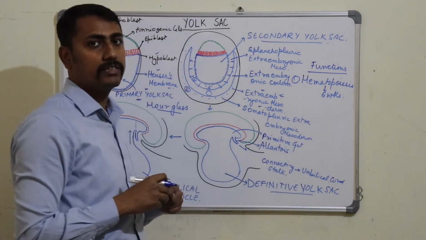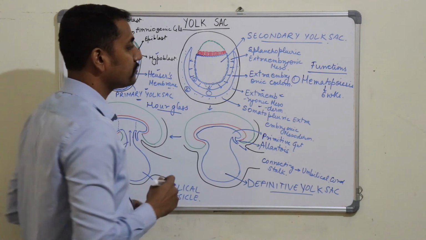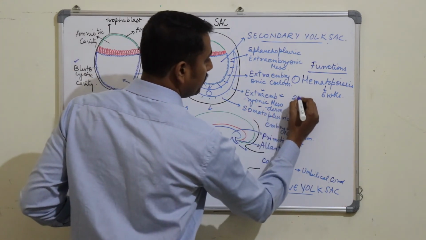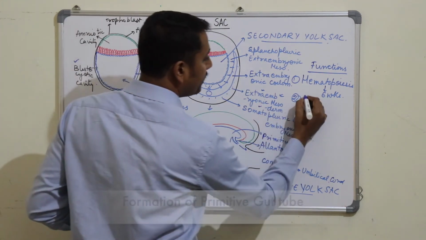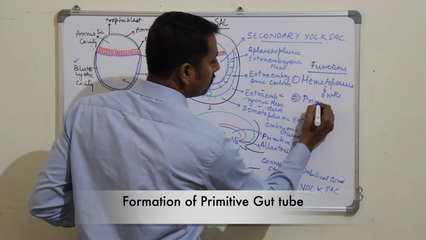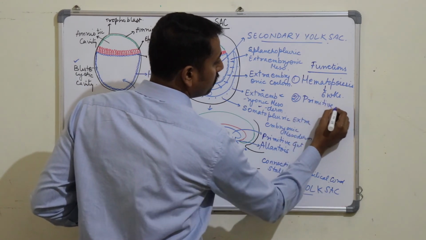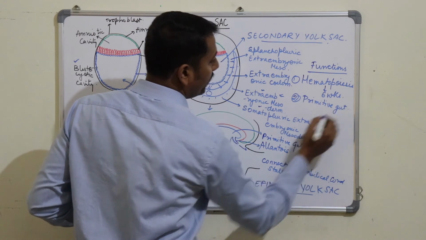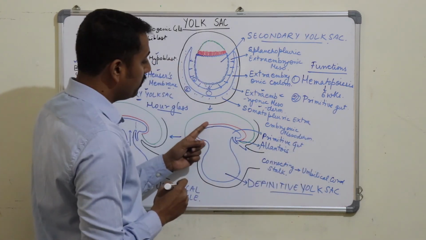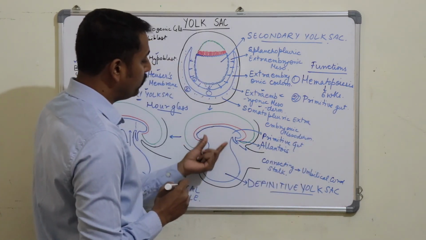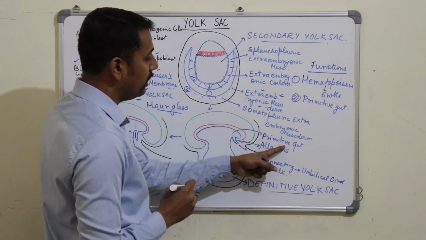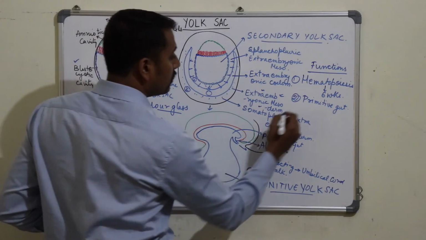After that, other organs of the body take over. Second is the formation of the primitive gut tube, which we have already seen. A part of the secondary yolk sac is included into the embryo, which will form the primitive gut tube.